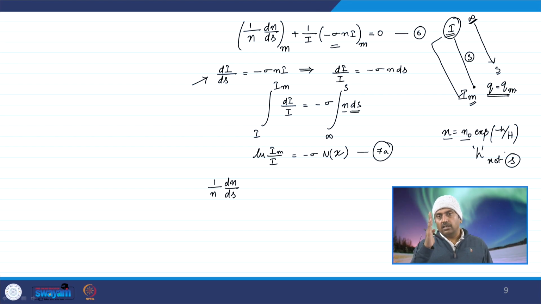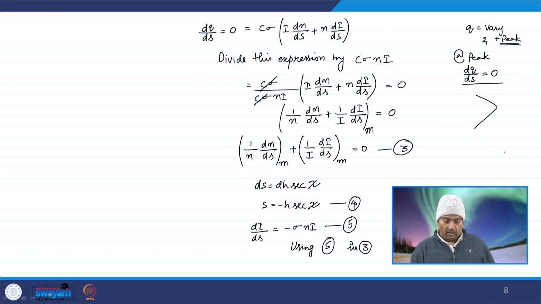See, this small s is not equal to small h, right. We already know that. There is an additional factor, secant chi, which is just a number, of course, but it is a scaling number. So, what does it do? It scales h to s. So, depending on the angle, s and h will differ by different magnitudes.